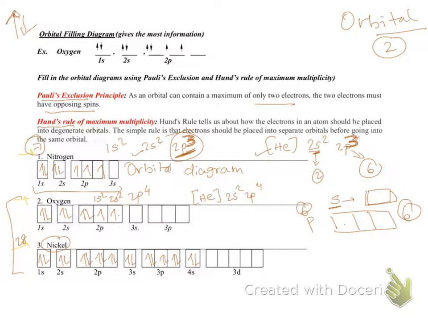And how will I fill 8? 1, 2, 3, 4, 5, 6, 7, 8. So 1s2, 2s2, 2p6, 3s2, 3p6, 4s2, 3d8.